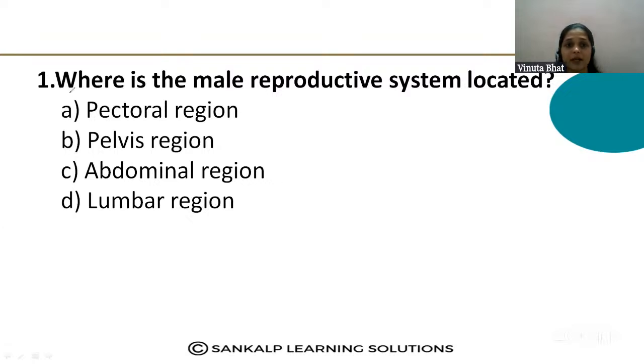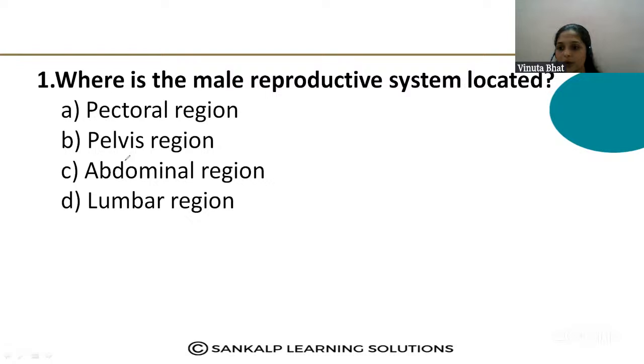First question is, where is the male reproductive system located? Option A, pectoral region. Option B, pelvis region. Option C, abdominal region and the lumbar region. Write down the answer in the comment box. Male reproductive system, that is the first point.